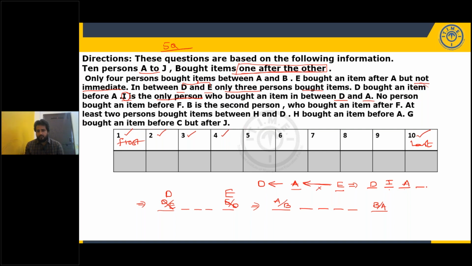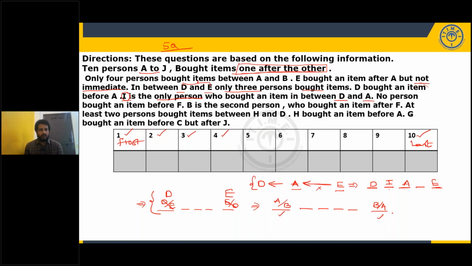So 1, 2, 3 gaps, it is A, E. So we have combined this statement and this statement. Finally, we got this D, I, A, blank, E. So D bought before I bought before A bought one gap and before E. This is what we observed, right? But again, among A and B, who bought first, who bought next, that we don't know. If we come across that point, arrangement can be fixed.